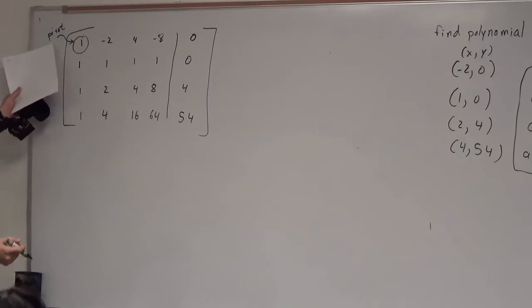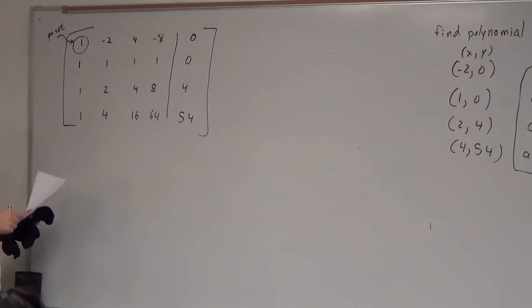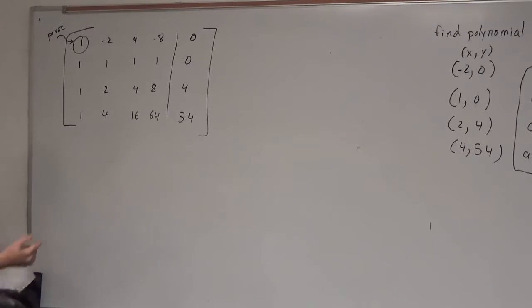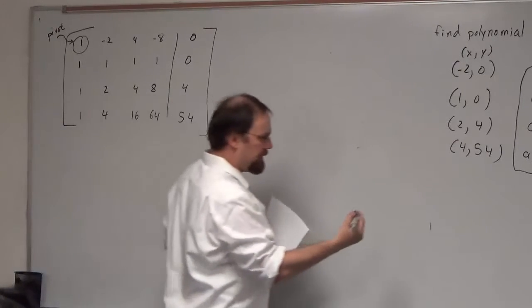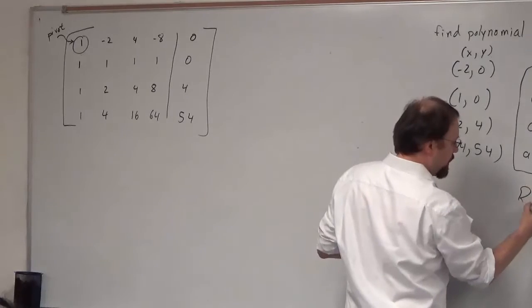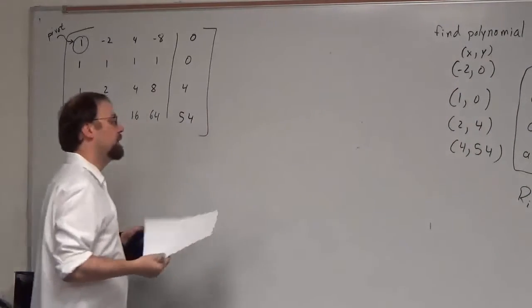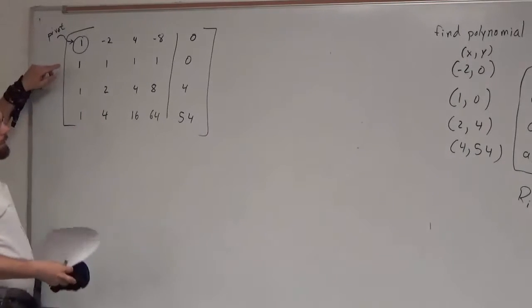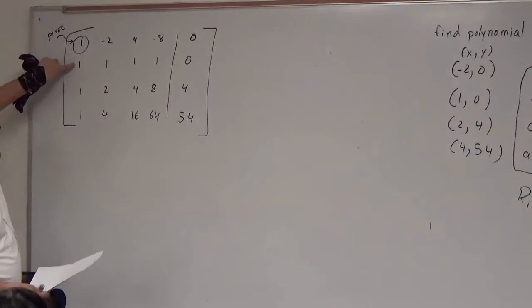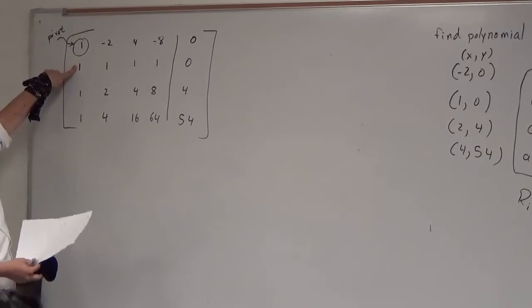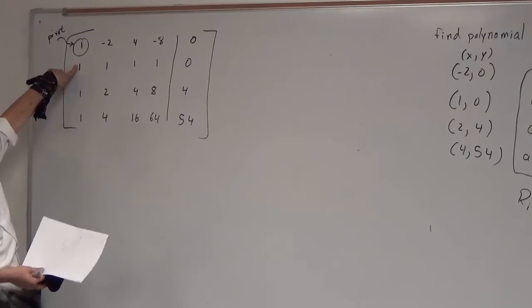And sometimes it's called the pivot because you use it to zero stuff out in that column, right? And you use this row operation, the third one I wrote down, which was to a row add a multiple of another row. If you zero this out, you ask yourself, what do I add to 1 to get 0?